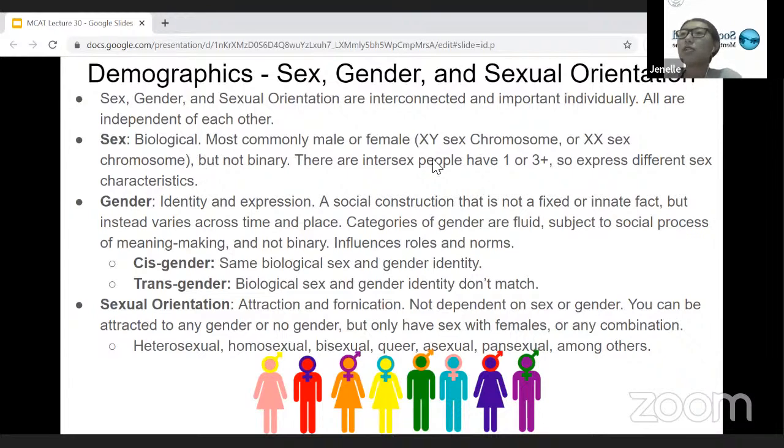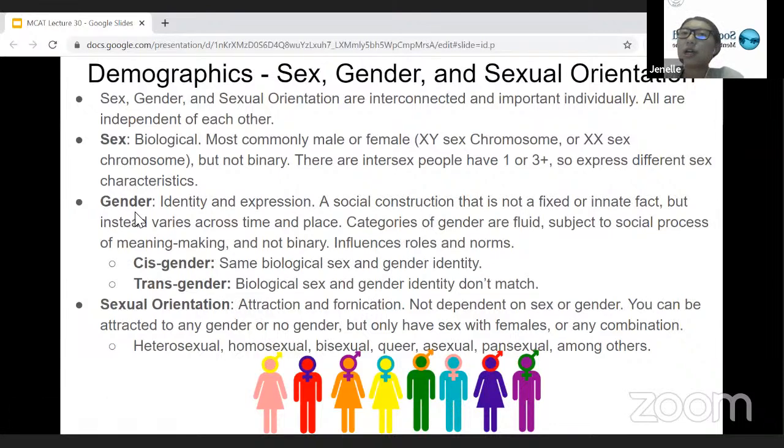So there are different chromosome combinations that could potentially lead to different ways to characterize them biologically. And so that's why we say it's not binary at the moment. And because there are these intersex people that have 1 or 3 plus of these sex chromosomes, they tend to express different sex characteristics.